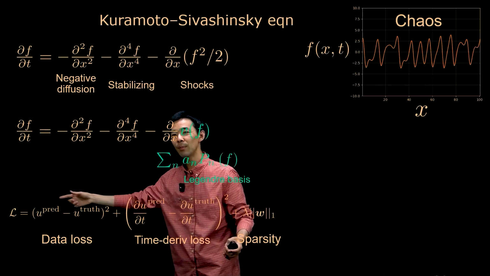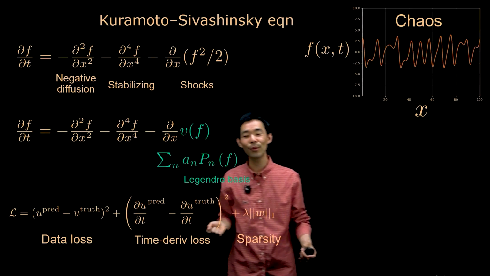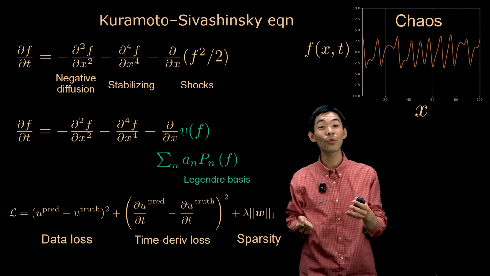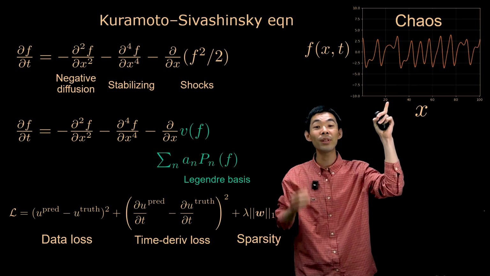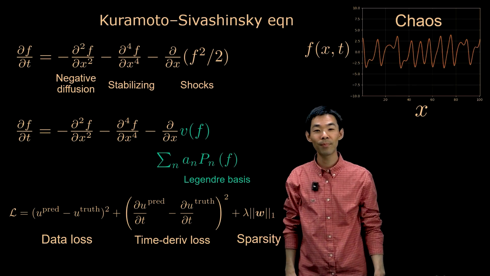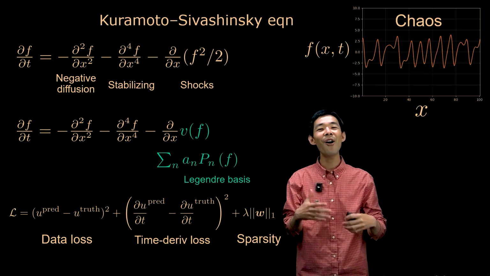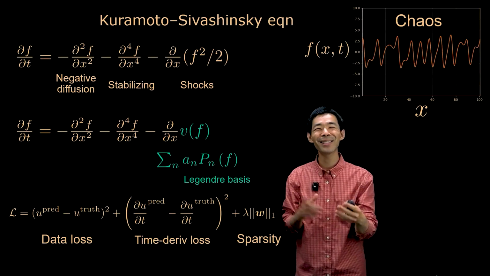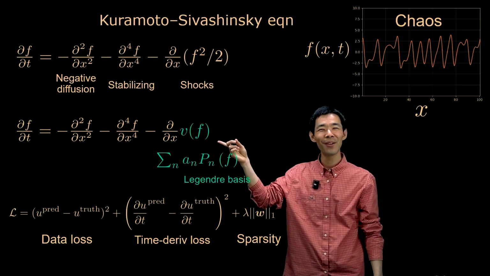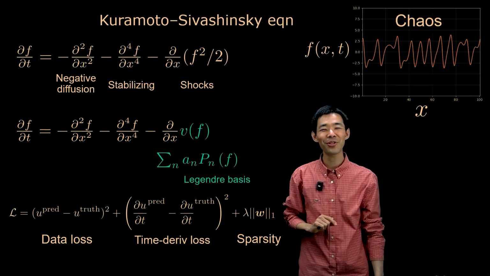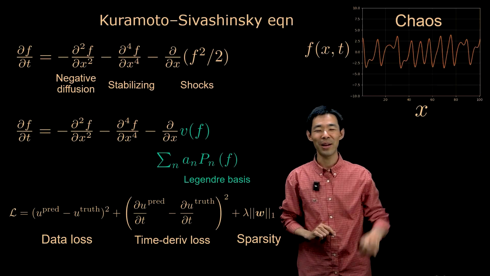And this first term will subtract your predicted solution from the actual truth. So this will be your true data set, u truth. And the mean squared error of that will give you the data loss. That's how wrong is your predicted solution for the interfacial fluctuation compared to the real fluctuation.